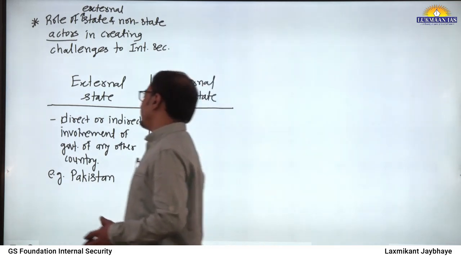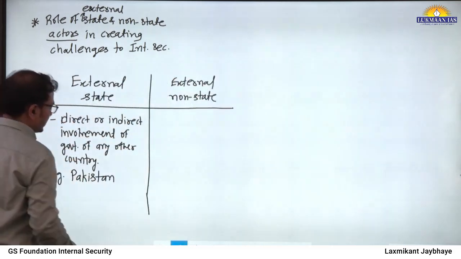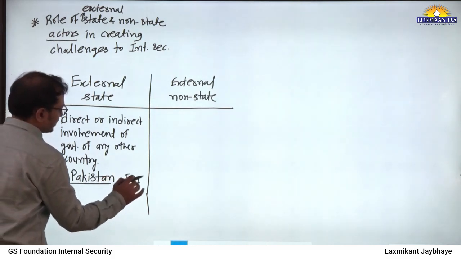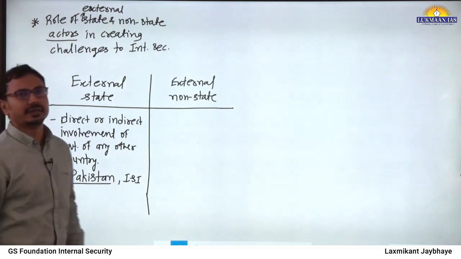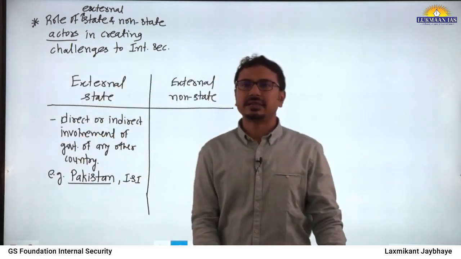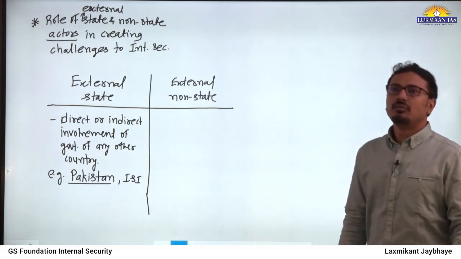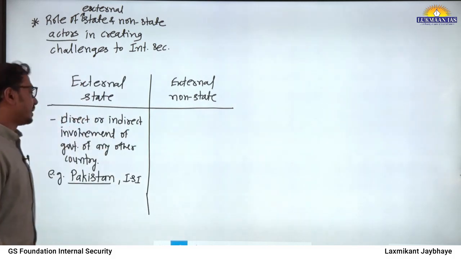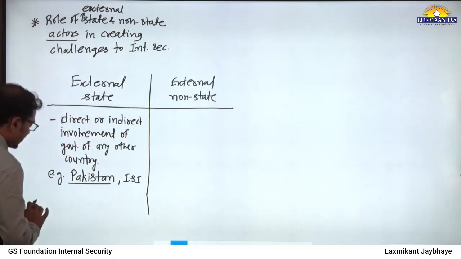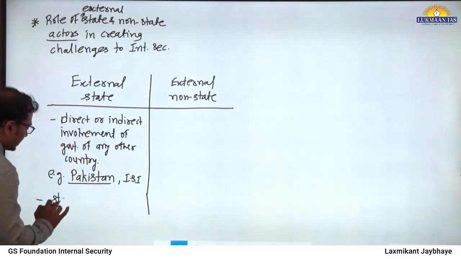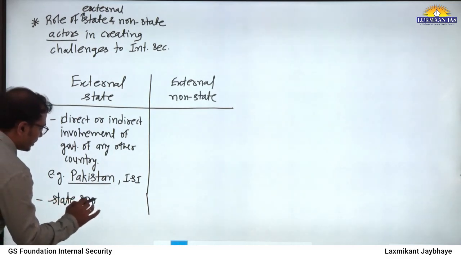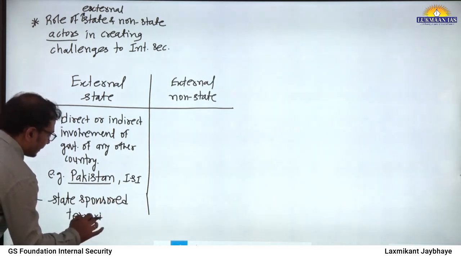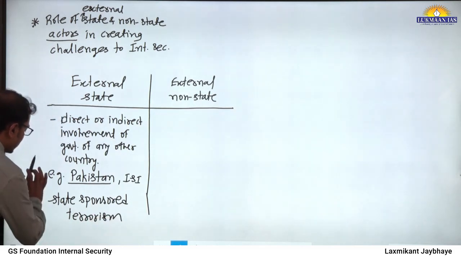All these issues are happening because of this support by the Pakistan state, or simply we can say the ISI, Inter-Services Intelligence. This particular body of Pakistan is sponsoring such activities. Such activities are called state sponsored terrorism, or external state.